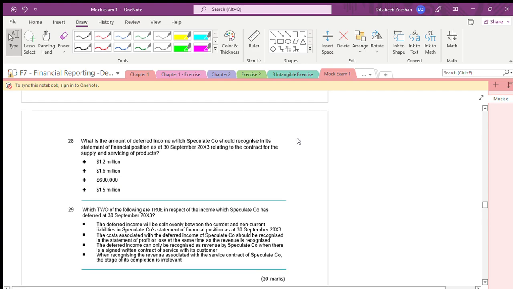What is the deferred income? This is with respect to revenue.